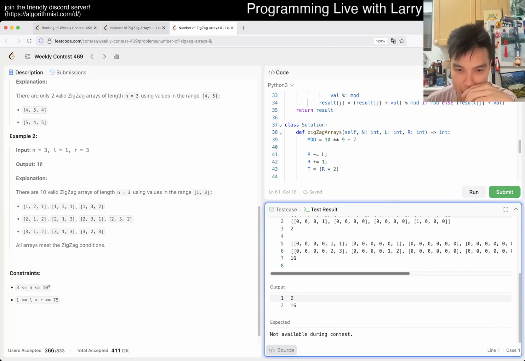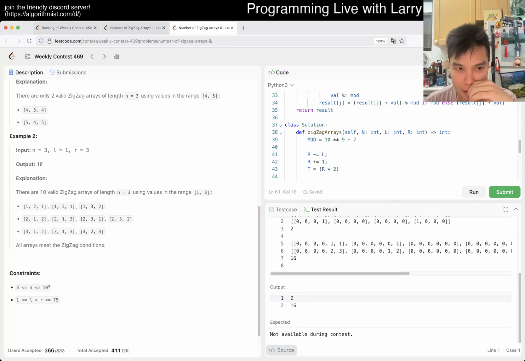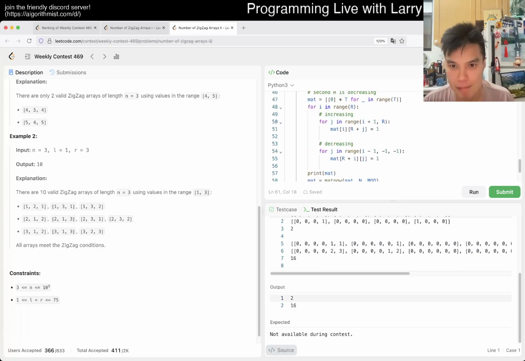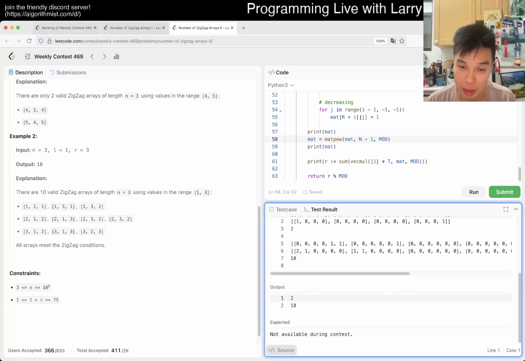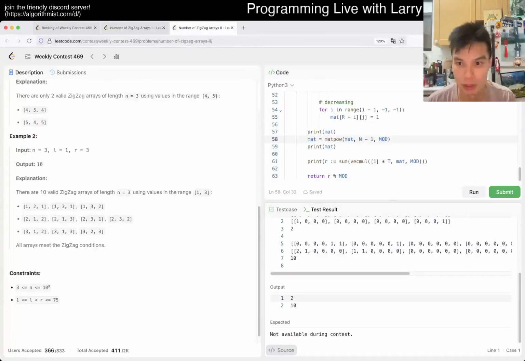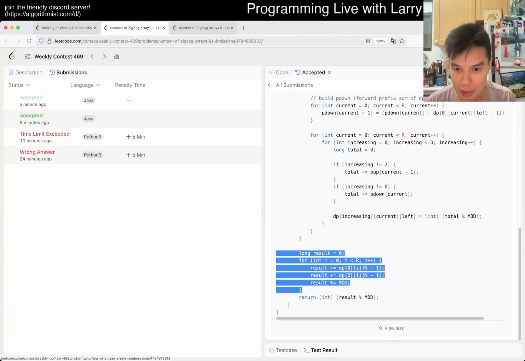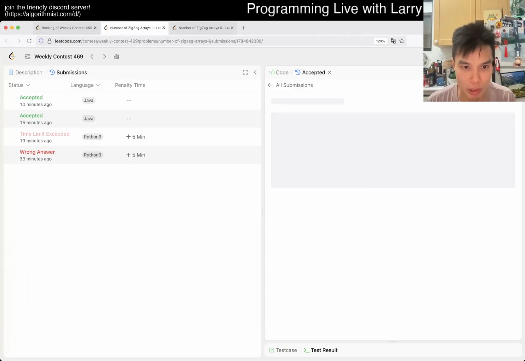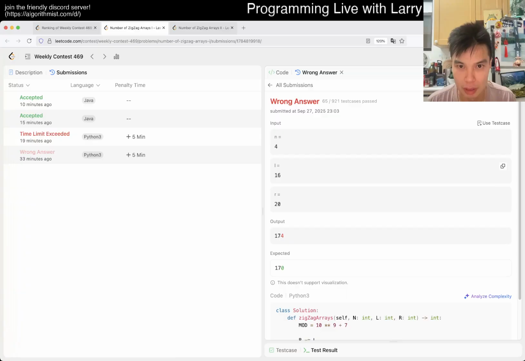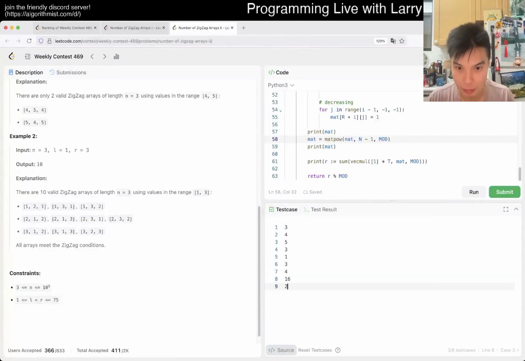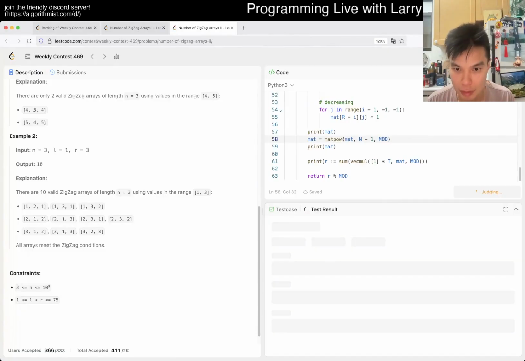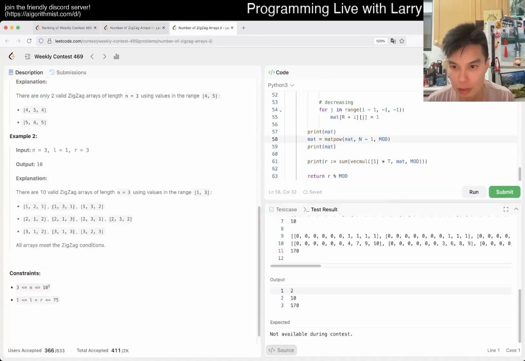But the 10 part is not working. Am I just like multiplying 1 extra? Well, maybe I am just multiplying 1 extra. What's a test case in here that I was wrong on? Not this one. 4, 16, 20. Okay. Okay, so that looks okay.